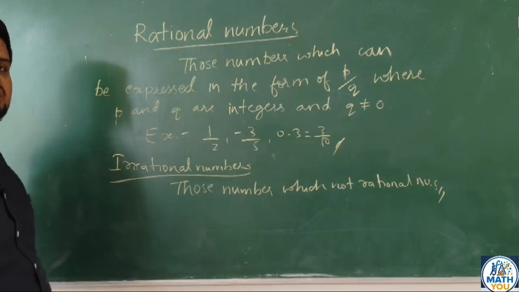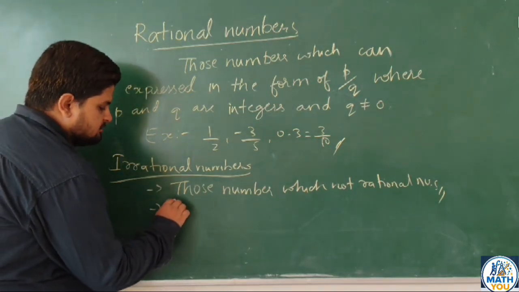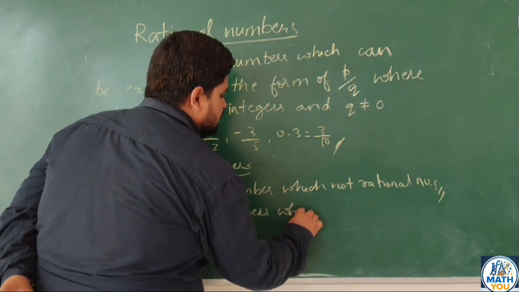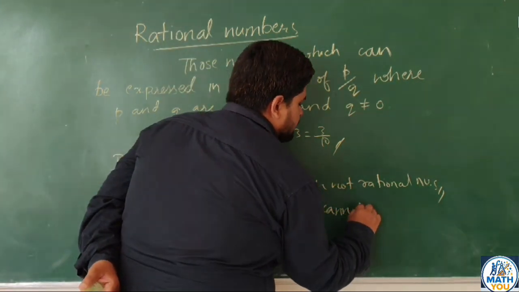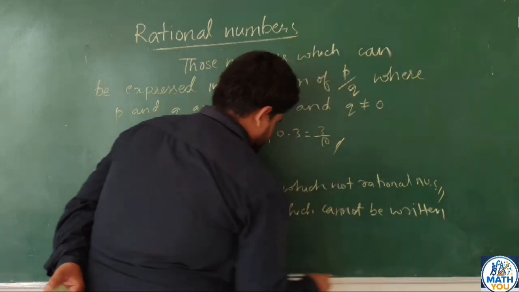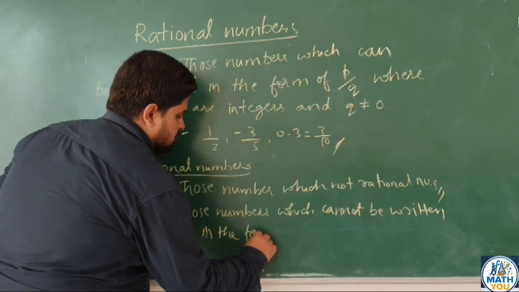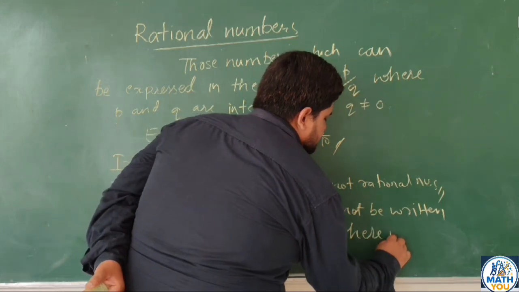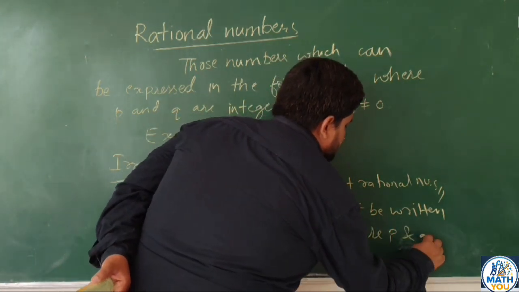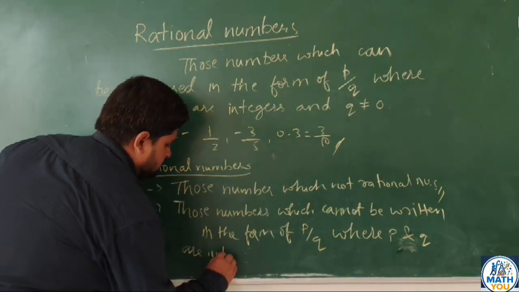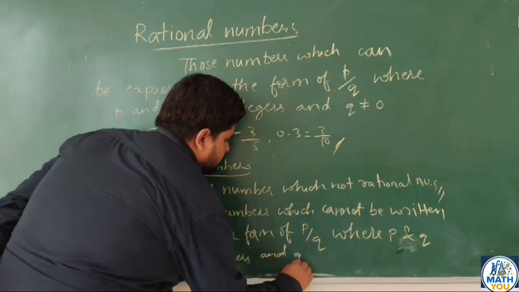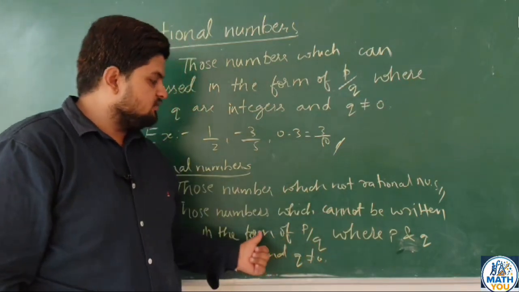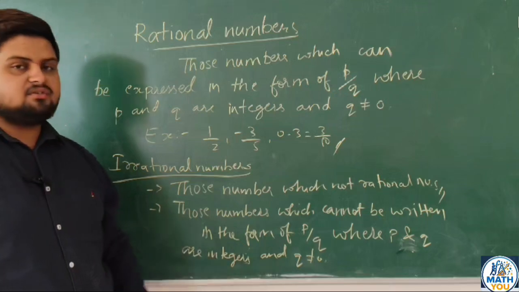Can there be some other definition for irrational numbers also? Yes, we also define irrational numbers as those numbers which cannot be written in the form of p by q, where p and q are integers and q is not equals to 0.